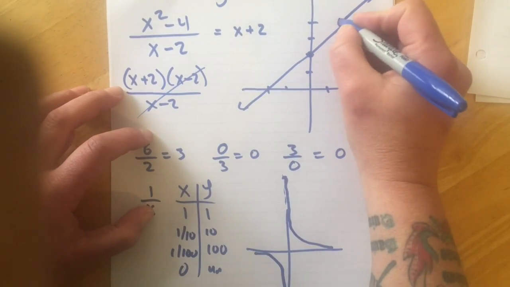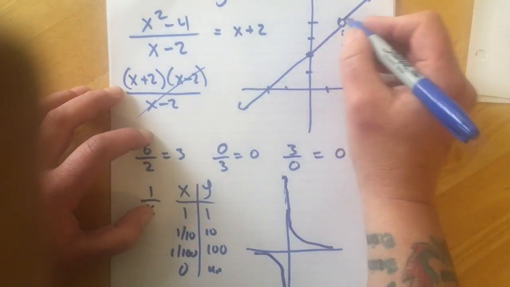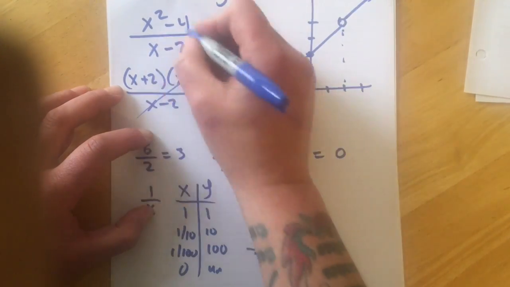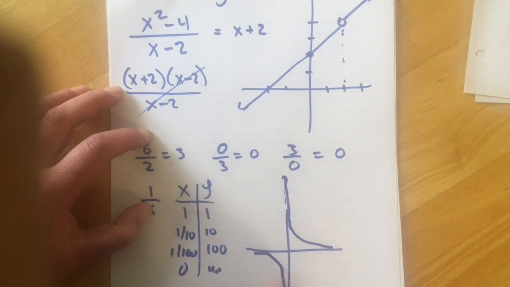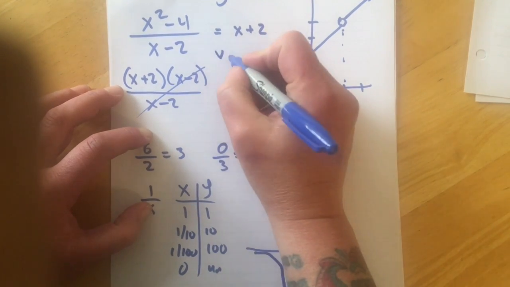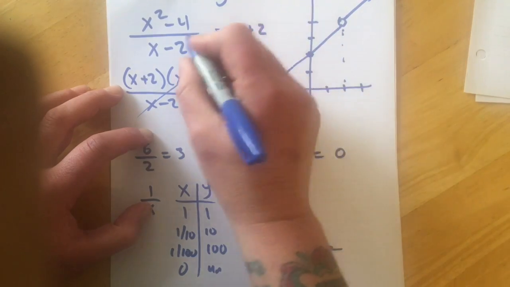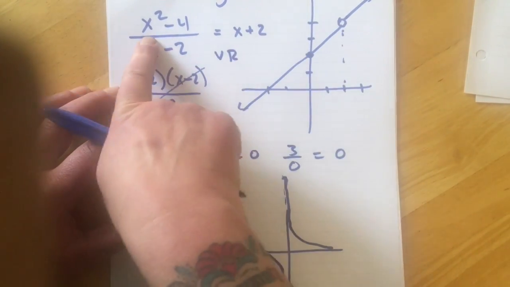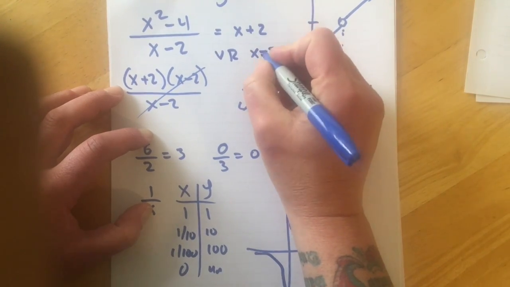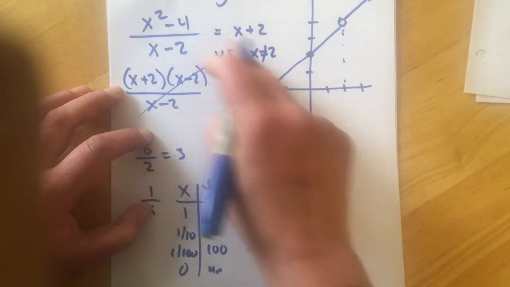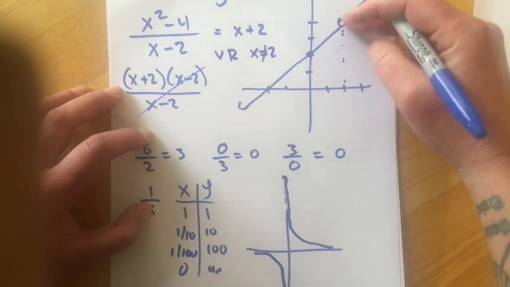And when I draw the graph, I would have to put a hole right there, because at that point, there's no value that would make that true. And so that's the undefined. That's this weird thing that happens. So the variable restriction is saying this graph is the exact same deal as this graph, except right here at x equals 2, it messes up, because if I put 2 into this, it says, hey, yeah, it's 4, it's totally defined.